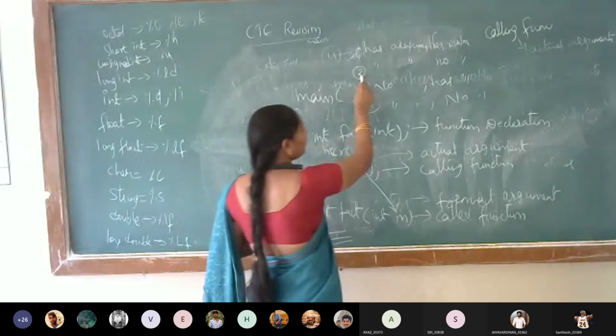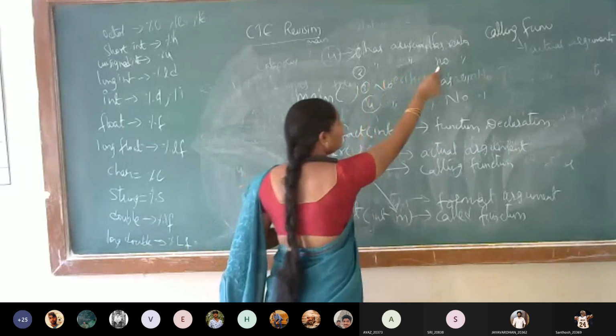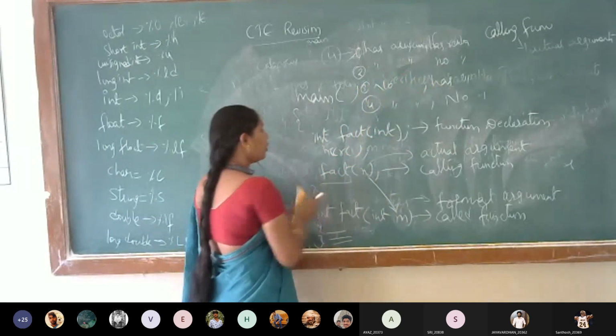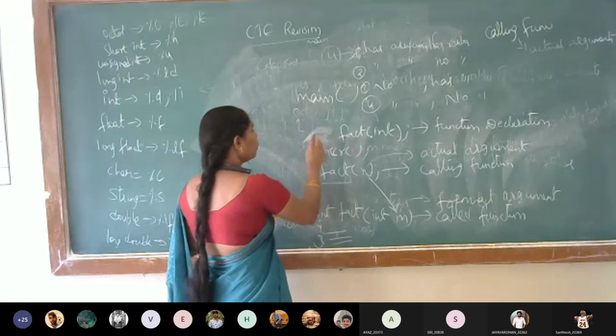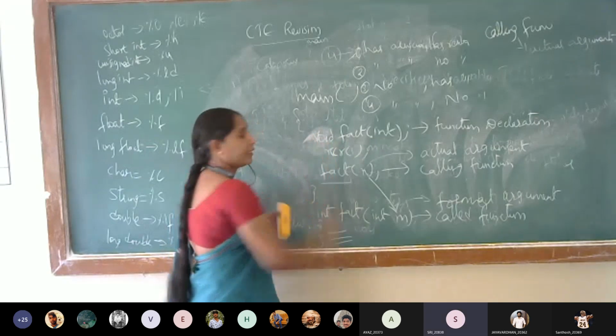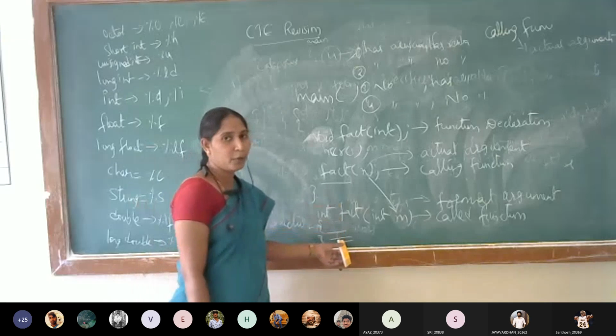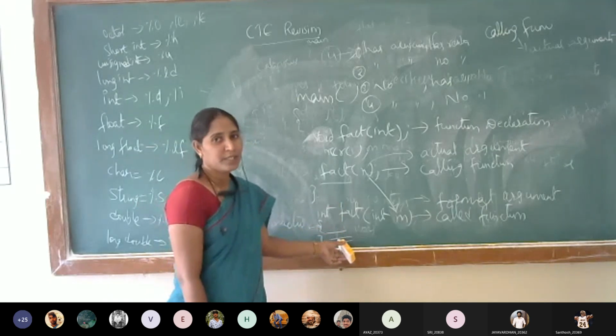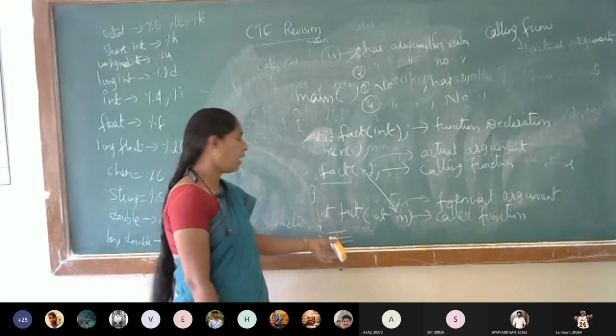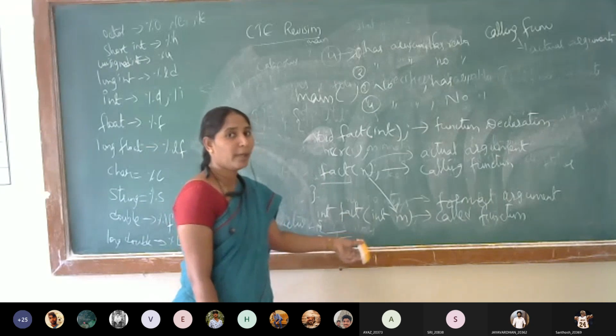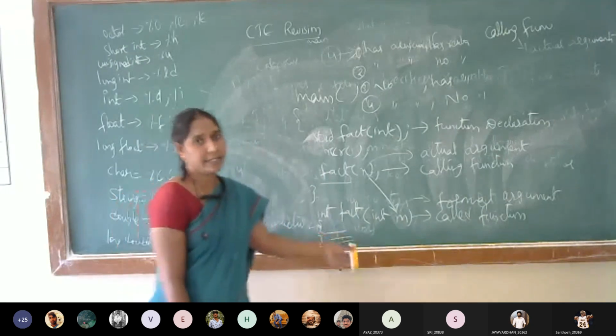Second, has argument, no return type. You will have an argument, but no return type, so I will write void. In the subprogram section, that means in the called function, we won't have any return statement, but we will print the result there itself.